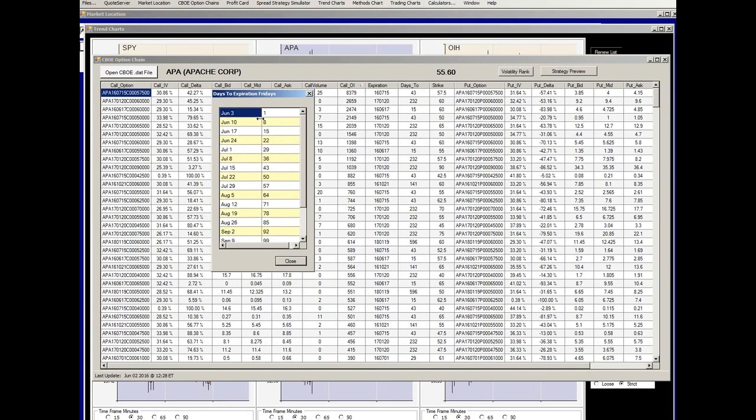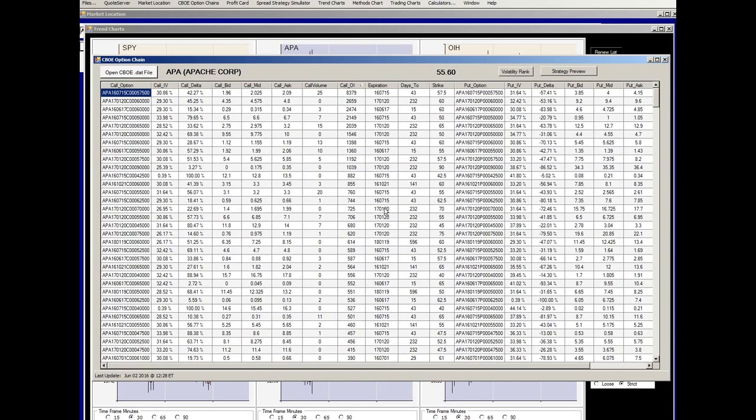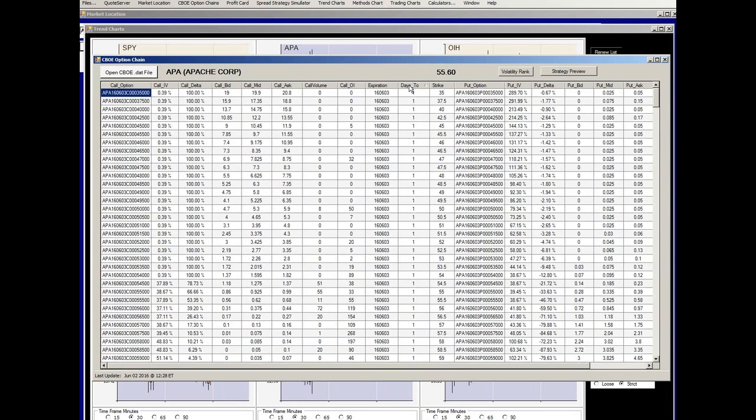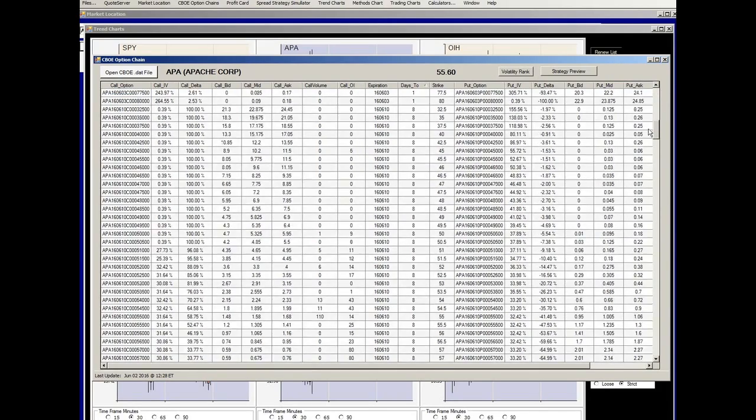And just to see which cycle that is, we'll look at the Friday expirations calculator, and the 43 days is the third Friday in July, which means it's the regular expiration cycle. So although Apache does have weeklies, the regular expiration cycle has the best liquidity.